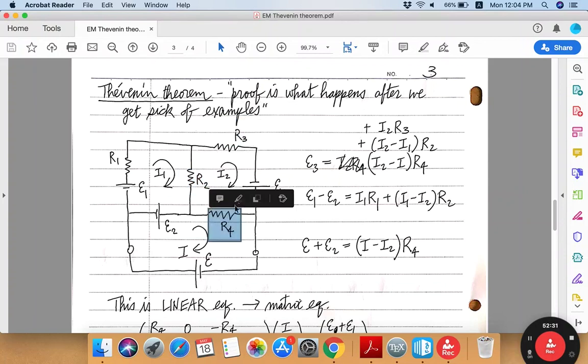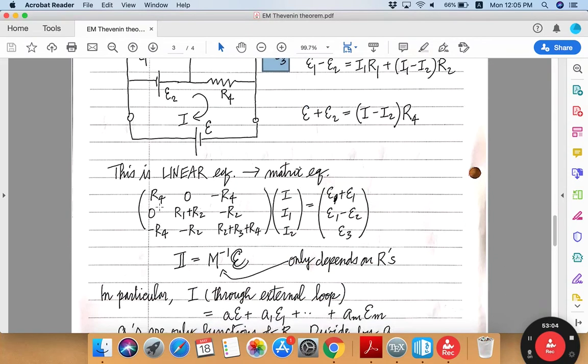It can never be a function of epsilon 1, epsilon 2, and epsilon 3. Well, then what that means is that even if you consider the situation where all three epsilons were turned off, that is, if all three epsilons were 0, and then try to calculate what R equivalent was, you will still get exactly the same value.